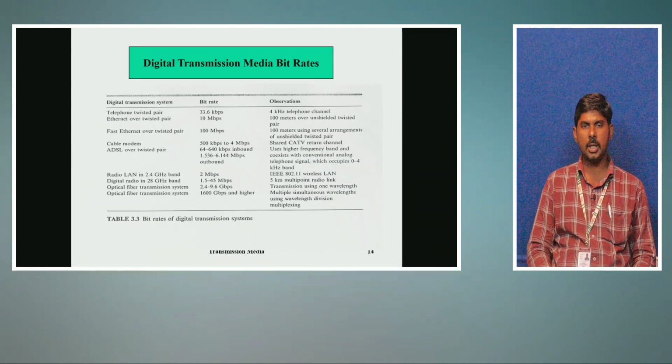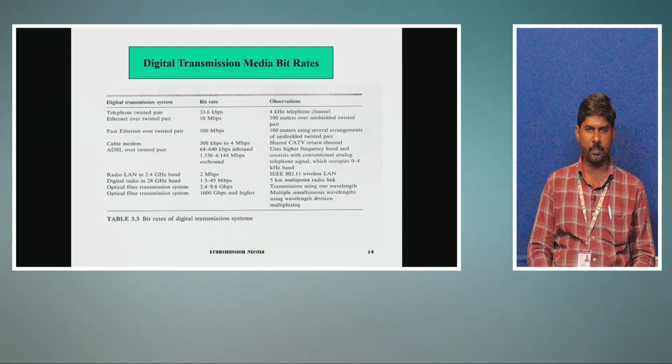See here, these are digital transmission media bit rates. In the olden days we used telephone twisted pair cable. Mostly the data will be transmitted at bit rates in kbps only. Then Ethernet over twisted pair cable, that is the LAN wire, Ethernet, which is 10 megabits per second, while fast Ethernet over twisted pair cable is 100 Mbps.